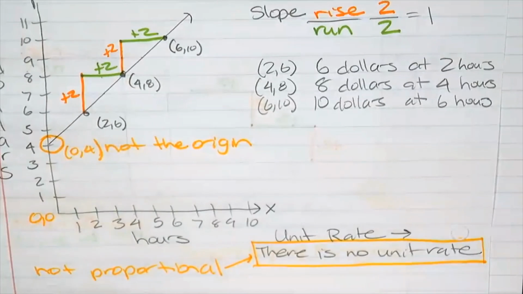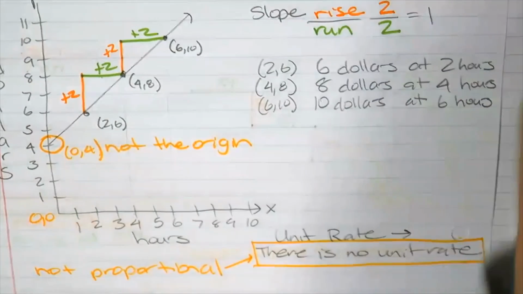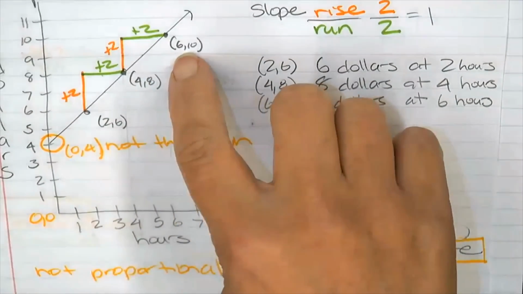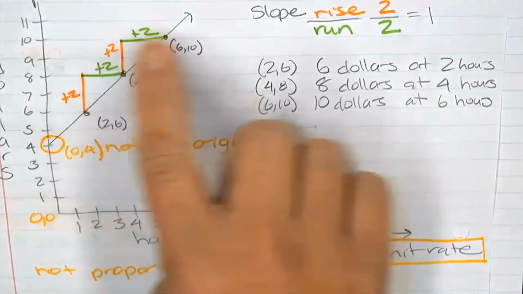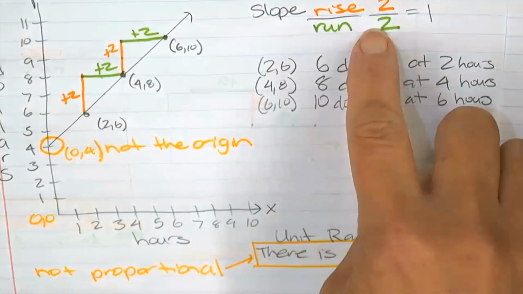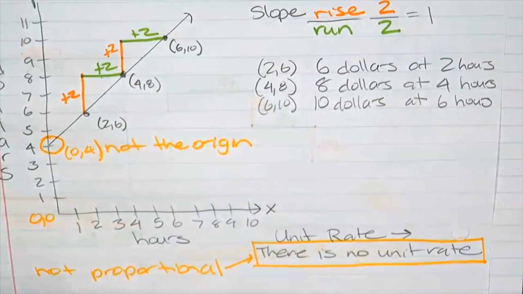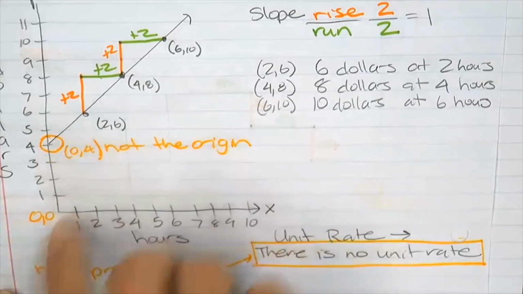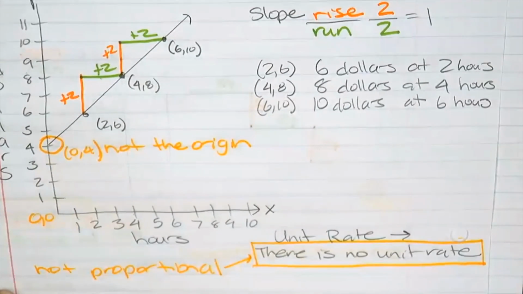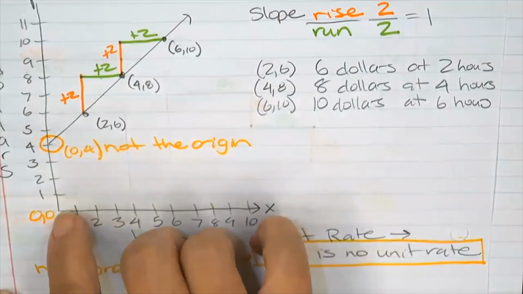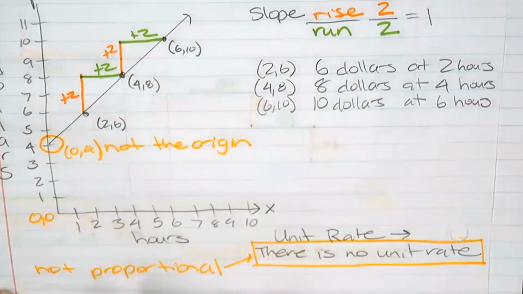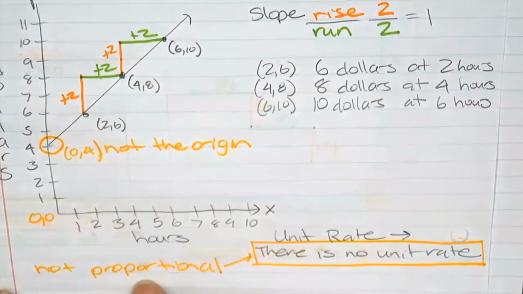So that's the new stuff for today. We're graphing the points, which is not new. We're finding the slope, which is not new. We're checking to see if the line crosses at the origin or not. That is new. If it crosses at the origin, it's proportional. If it does not cross at the origin, it is not proportional.